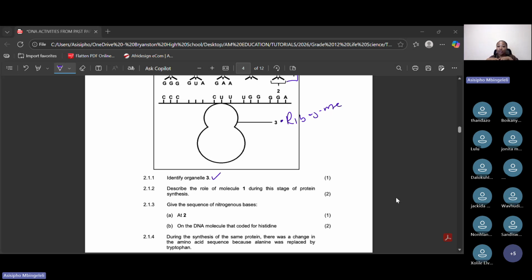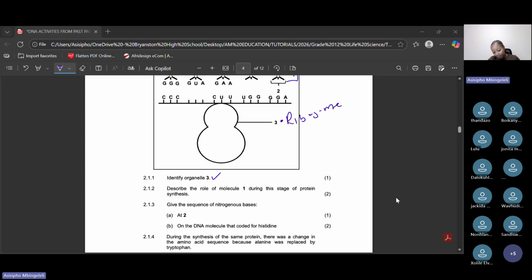Because remember, in order for it to know which amino acid it needs to pick up in the cytoplasm, it is going to be guided by the messenger RNA codon to say, okay, if the codon is UAC, that means my anticodon will then be AUG, and then this will be the amino acid for that. So it carries the specific amino acids coded for by the codons of messenger RNA to the ribosome.